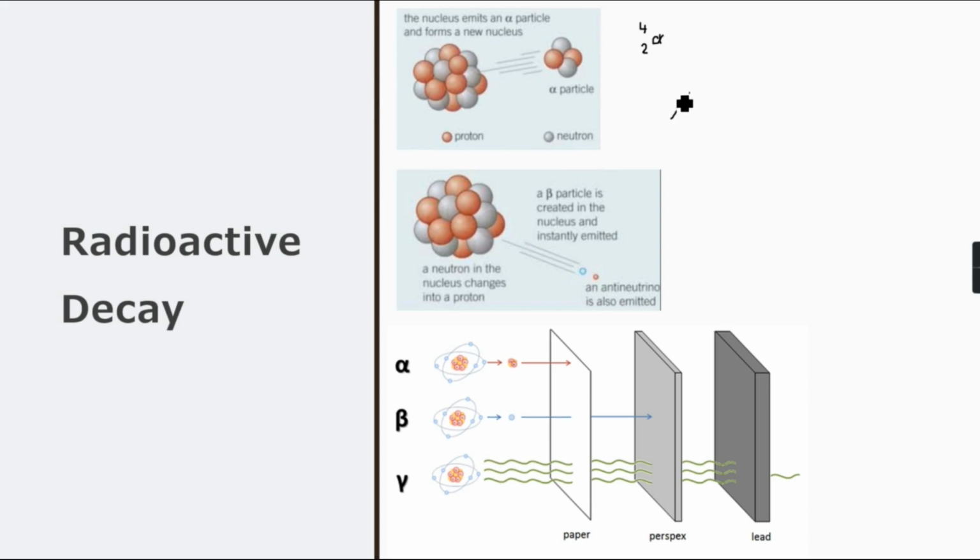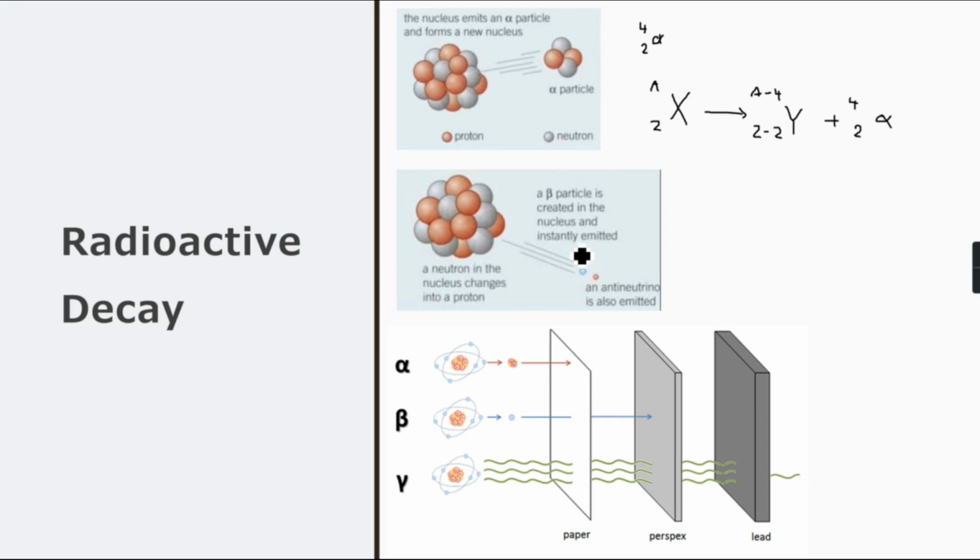Let's say we had an element X with a mass number and a proton number. After alpha decay, it will become a new element. We're going to call this Y, and this new element has a mass number that is 4 less than element X. So we lost 4 particles, and because we've lost 2 protons, it must have a proton number of 2 less. And it's also emitted the alpha particle, so make sure we include that in our equation.